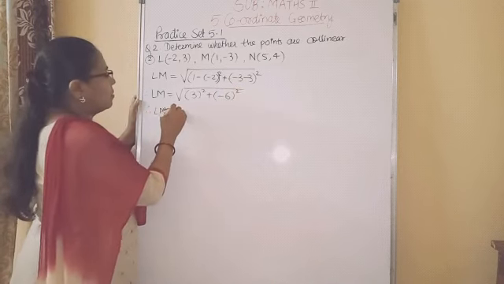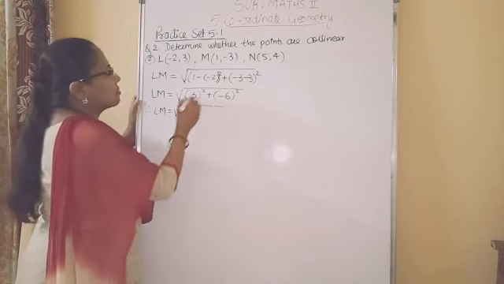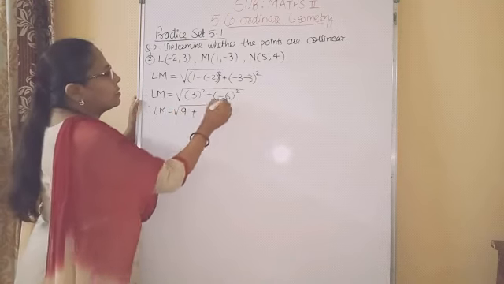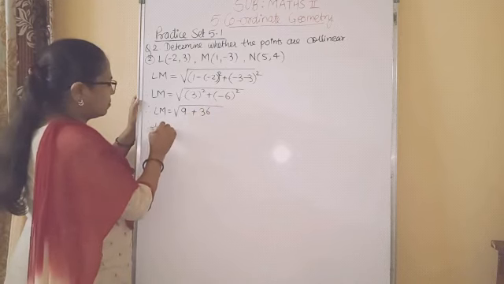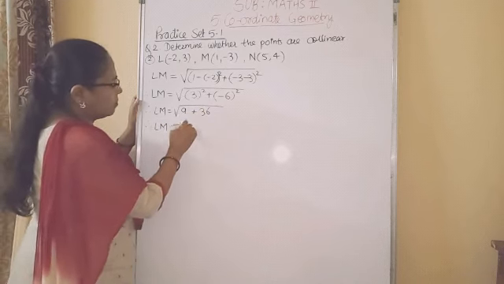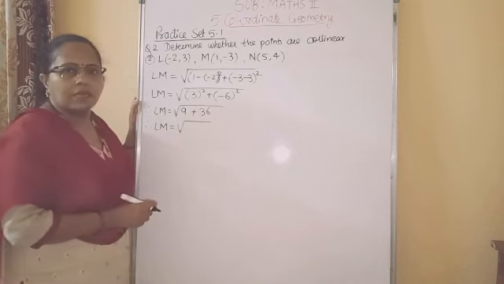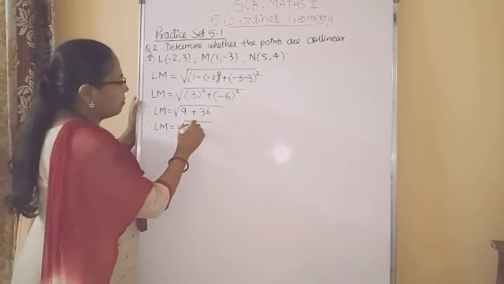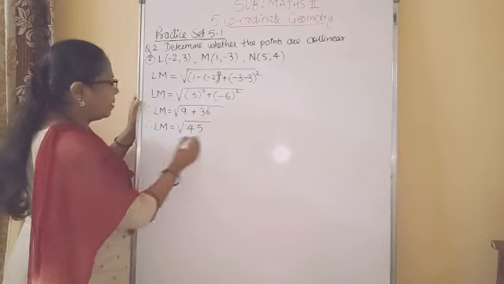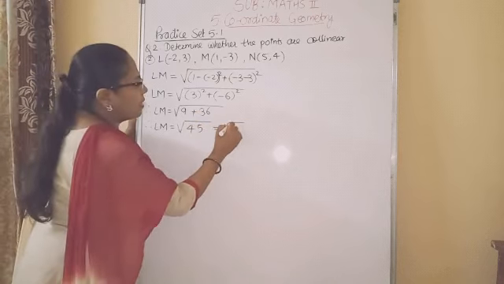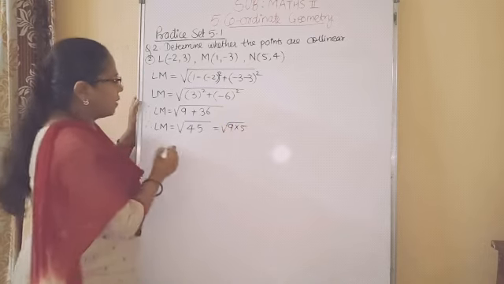Therefore LM is equal to 3 square 9, 6 square 36. Now 9 plus 36 we will get 45. Factors of 45 are 9 into 5.